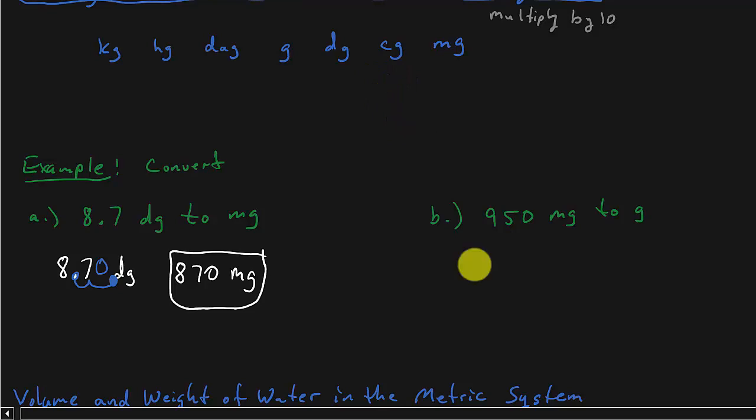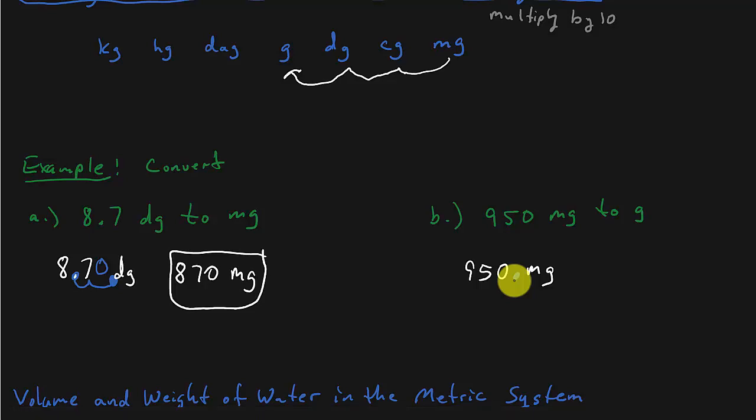Let's look at this one. We've got 950 milligrams, and we want to convert to grams. We're at milligrams, and we go 1, 2, 3. We have to move 3 spaces to get to grams. If there's not a decimal, remember it's understood to be to the right of the last digit.